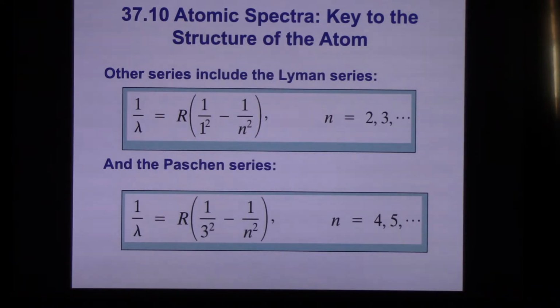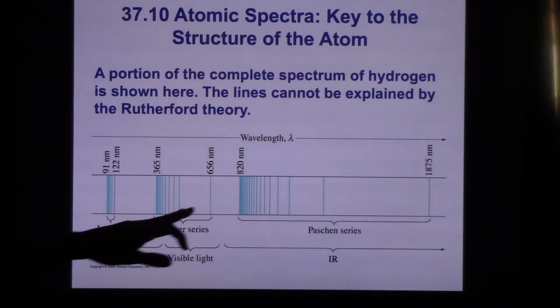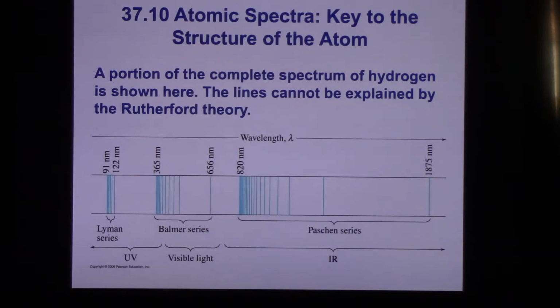And it matched up really well. So here is what it looked like. This is looking at hydrogen and seeing if I shine light through, if I heat up this hydrogen, what lines are produced within that hydrogen gas.